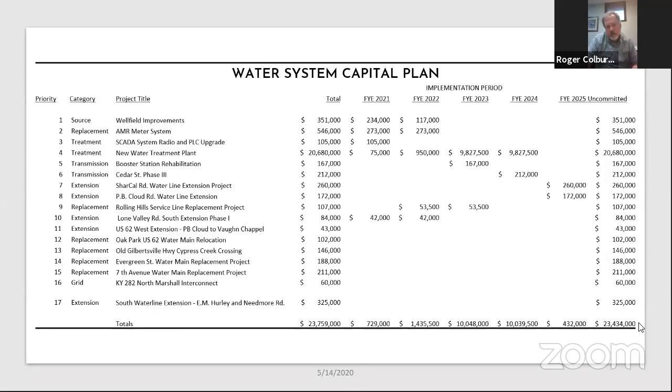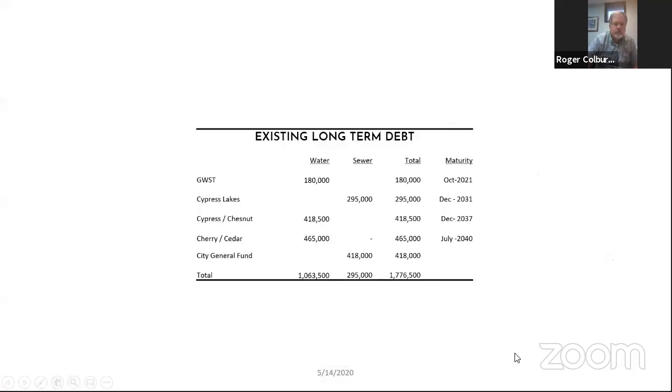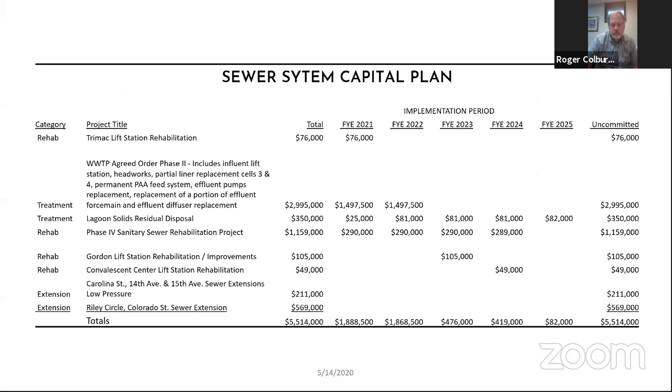But then let's go to the sewer system capital plan, if you don't mind, Blair. Okay, this one's somewhat similar in that, our priority projects. That first one, that TriMac lift station rehabilitation, a couple of comments on it. I think that we're probably going to get that built for less than that, but that's kind of, I prepared a contract style estimate on that, but I plan on doing that in-house.